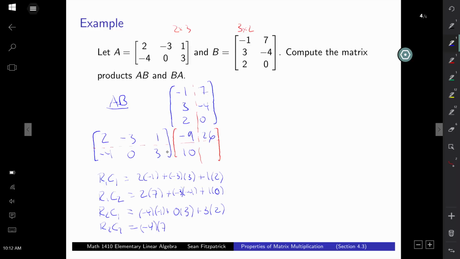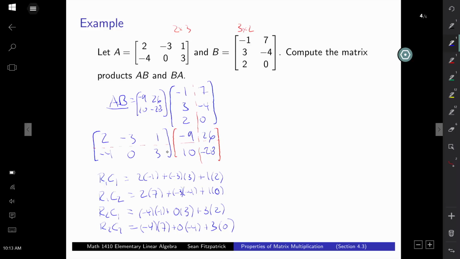Minus 4 times 7 plus 0 times minus 4 plus 3 times 0 leaves me with minus 28. Okay, so that gives me AB. So AB is this matrix, minus 9, 26, 10, minus 28. That's my AB.